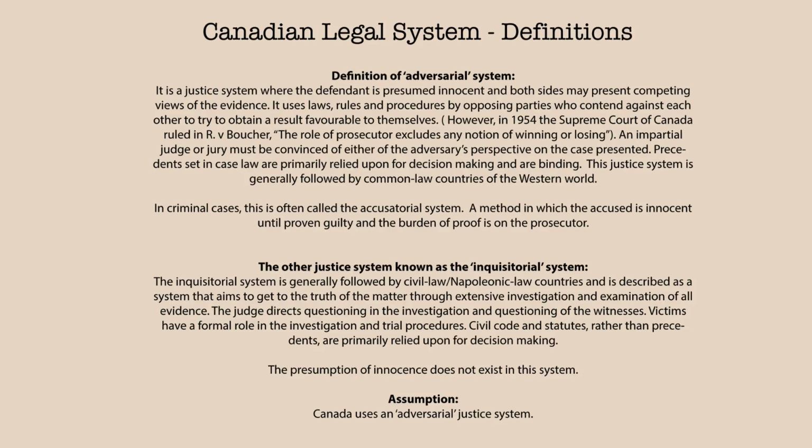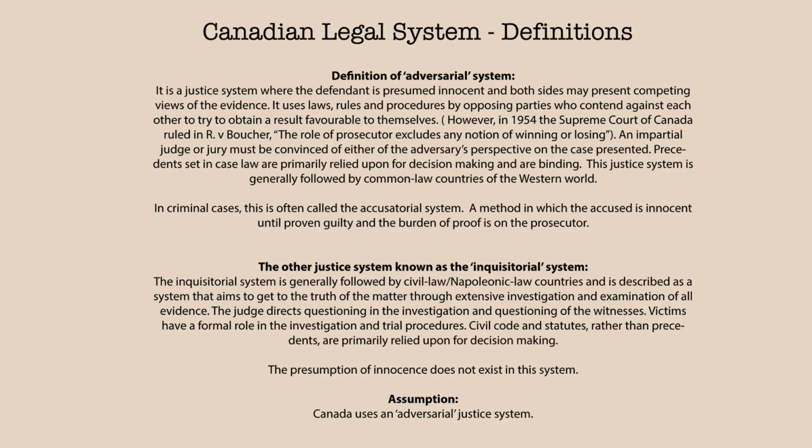result favorable to themselves. However, in 1954, the Supreme Court of Canada ruled in R versus Boucher, the role of prosecutor excludes any notion of winning or losing. An impartial judge or jury must be convinced of either of the adversary's perspective on the case presented.